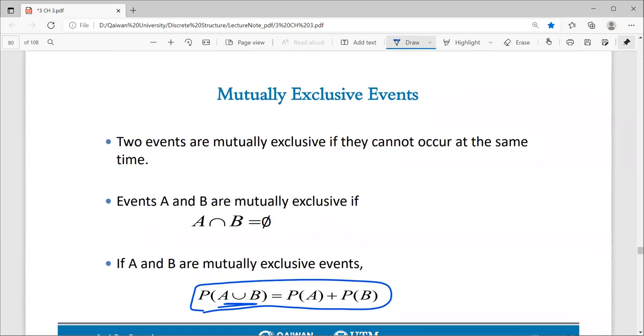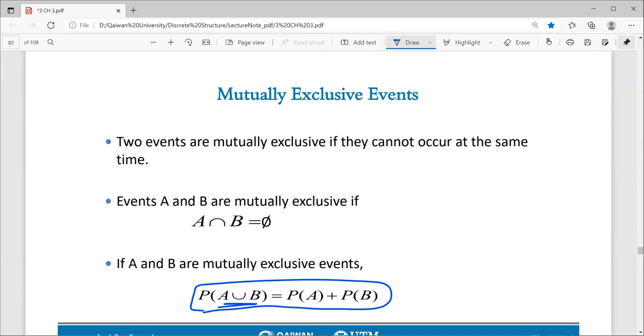We say if the intersection of the events is an empty set, that means there is no common between the events. In the previous examples, there is common between them. For example, in rolling 2 dice, if you get a double or a sum of 6, as we saw, there is 3 in both events, so their intersection is not an empty set.